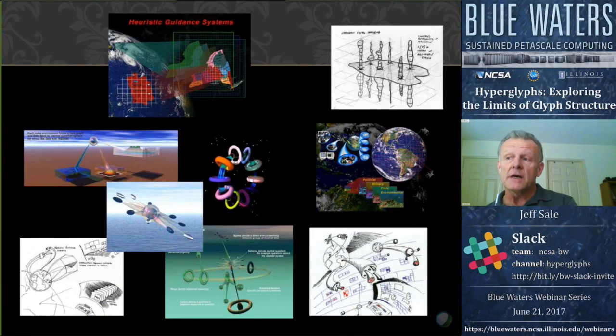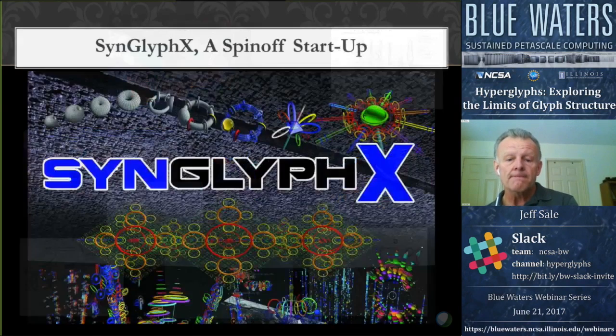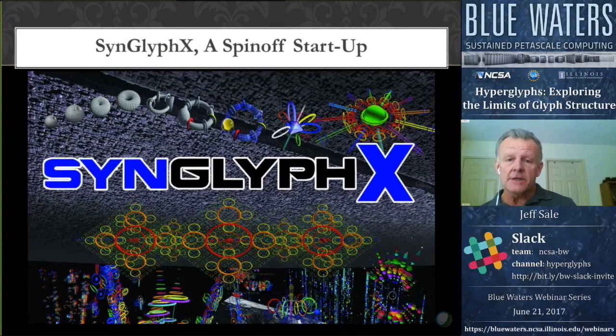So these are some concept pieces of how he would envision a command and control display to be used to represent information of large, complex events distributed globally. And ultimately, this has led to a spin-off startup company called Glyphs.